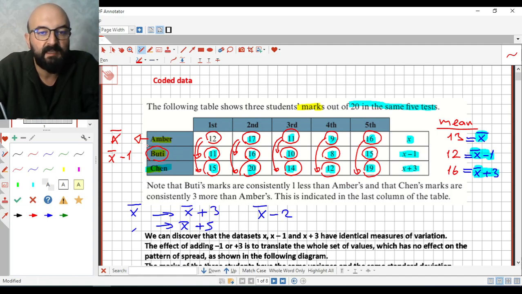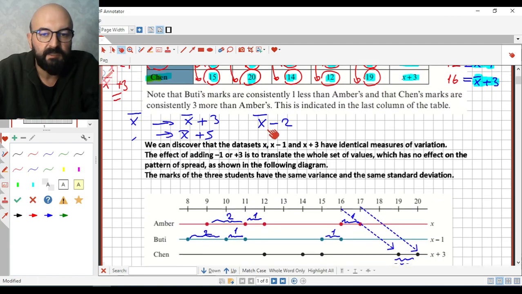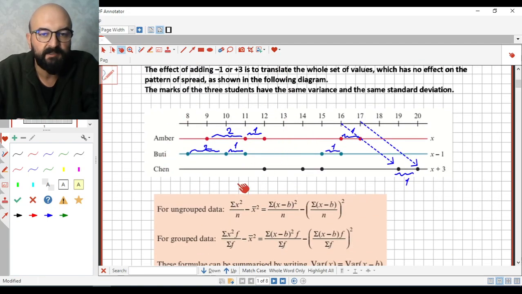If we say the mean of Amber's marks is x, then Chan's marks have the mean of x plus 3. Okay, and then if we look at their intervals of marks.